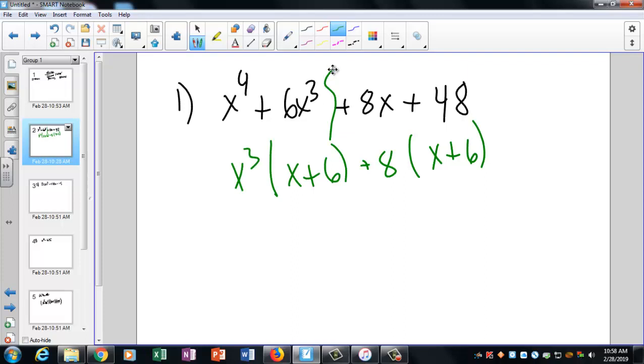Now, there have been cases where I make a mistake and these 2 parentheses aren't the same. If that happens on the test, one of us made a mistake. If you get x plus 6 for this one and x plus 2 for this one, one of us screwed it up. I'm not going to tell you right now that it's guaranteed to be you, because I've made mistakes before.